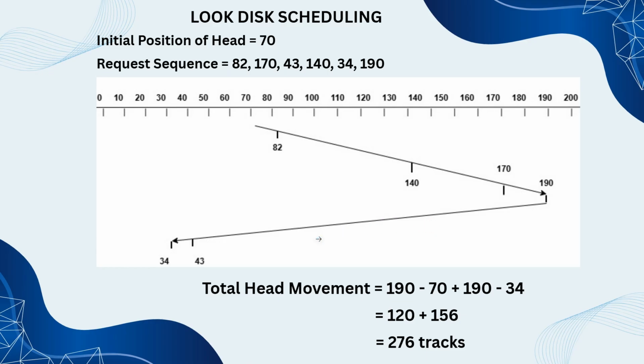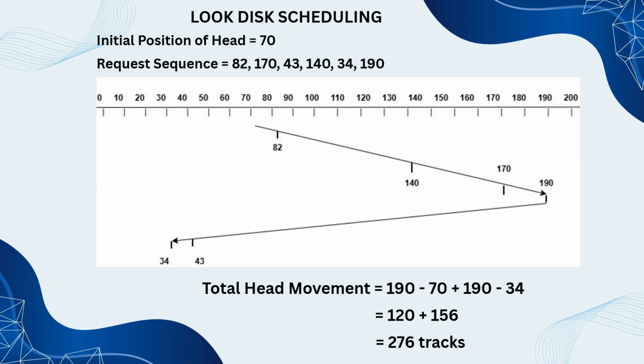So consider a disk with 200 cylinders numbered from 0 to 199. The current head position is at cylinder 70 and the requests are 82, 170, 43, 140, 34 and 190. So assume that the head is moving towards the right direction. So this figure shows how the disk head moves for these requests using the look disk scheduling algorithm.